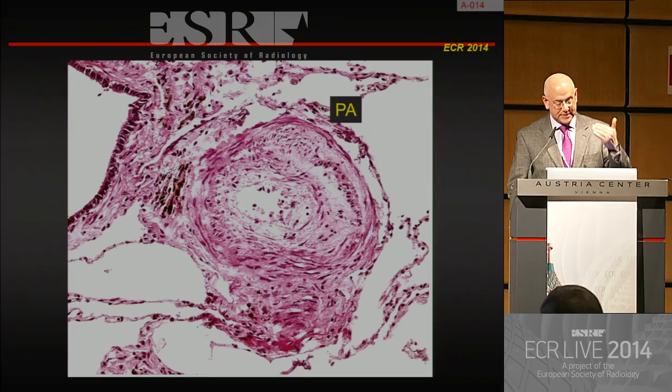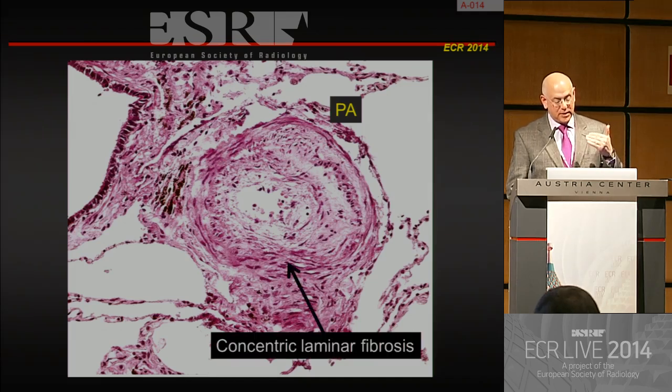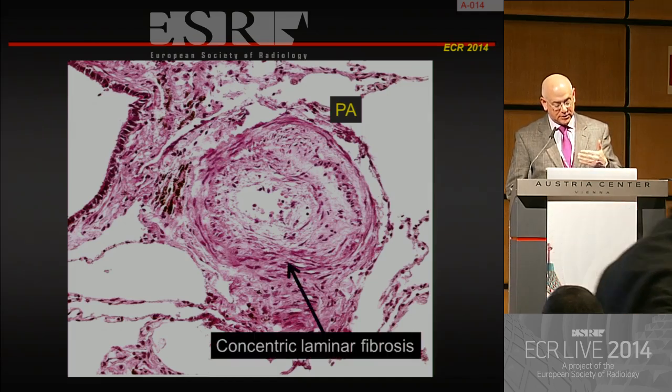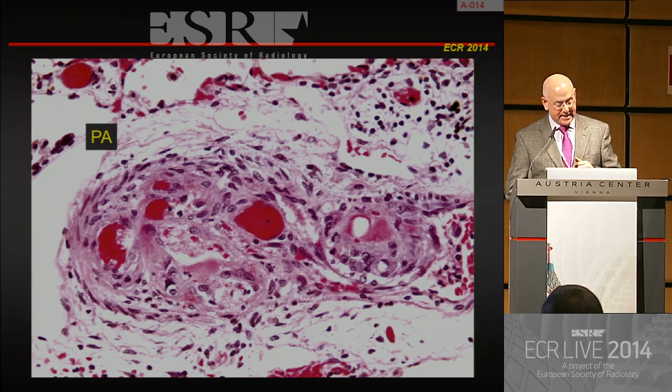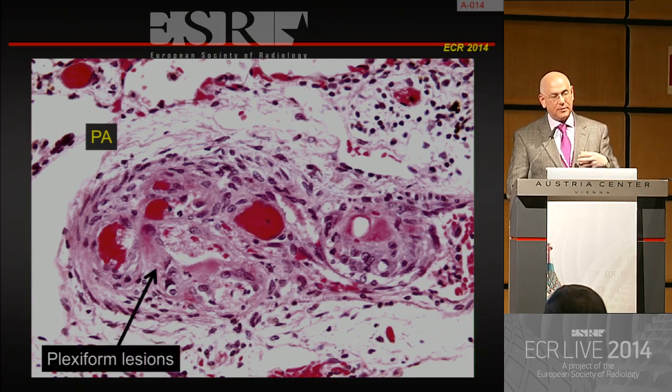If this process still continues, there will be a phenomenon starting called concentric laminar fibrosis. What you see nicely on this histologic section is that the main effect of this laminar fibrosis will be to narrow the lumen of the pulmonary artery. And finally, the end result of this process will be the formation of so-called plexiform lesions.